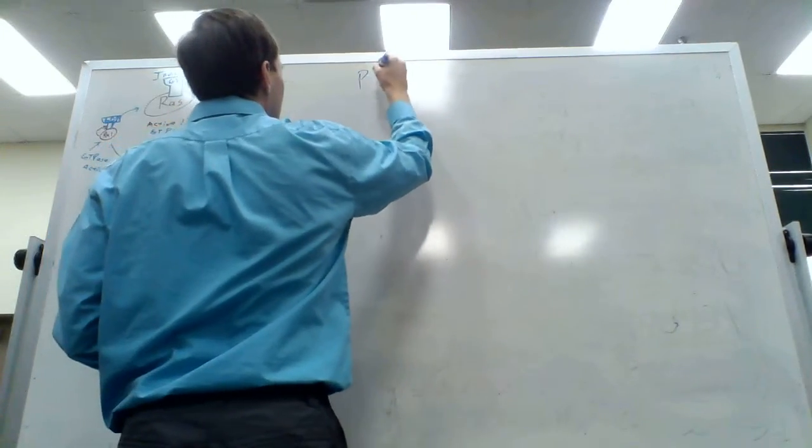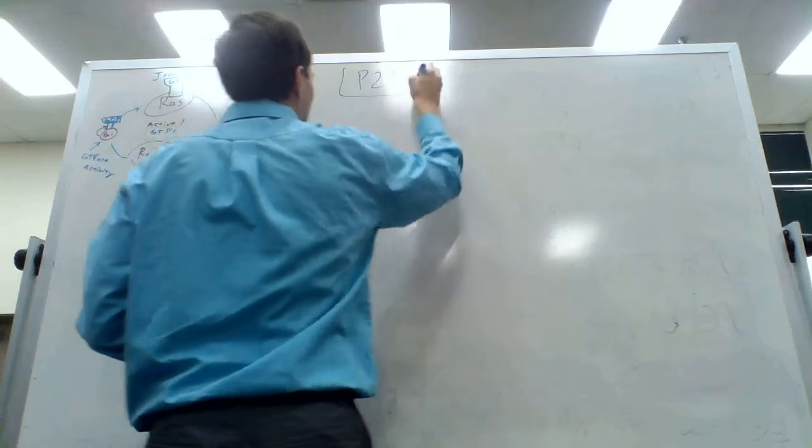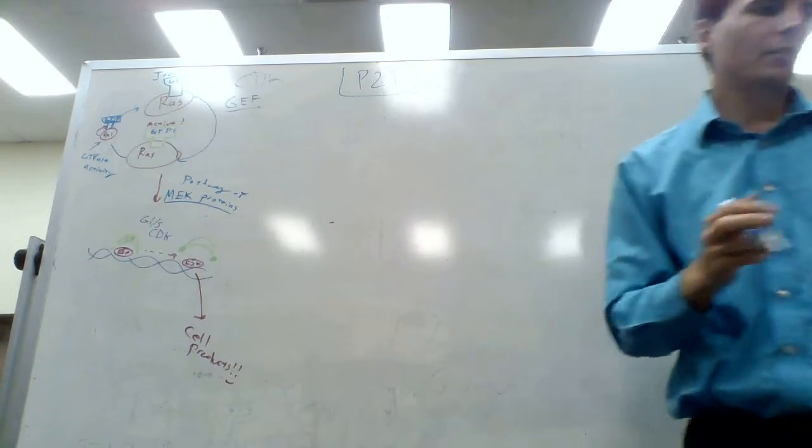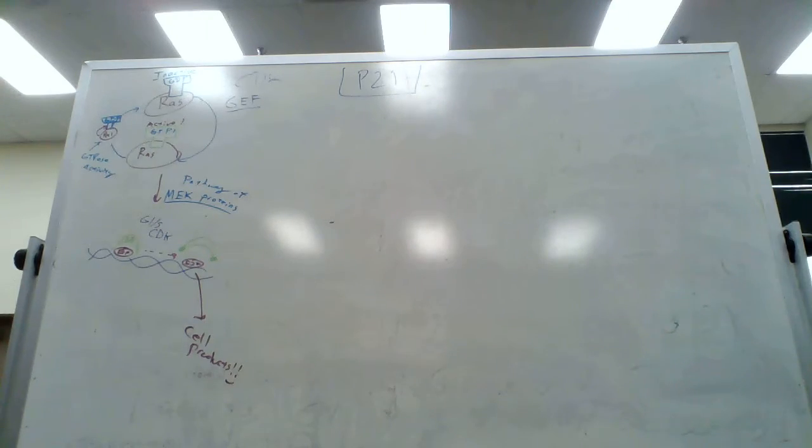There are several of them, and we are going to talk about P16 and P21 families, and CDK4 and CDK6.